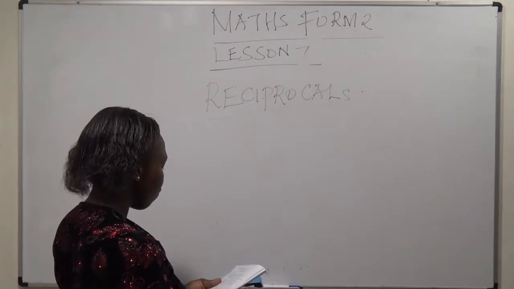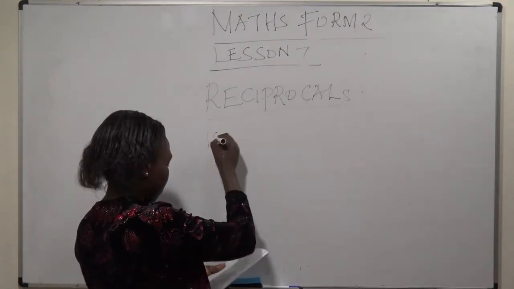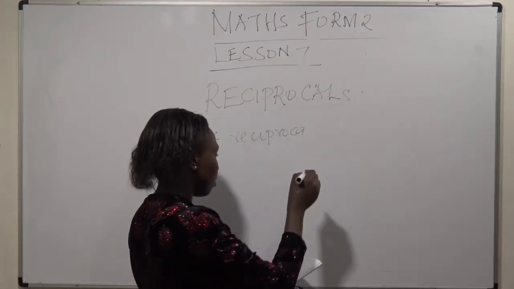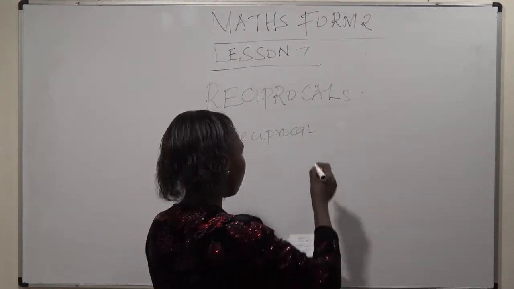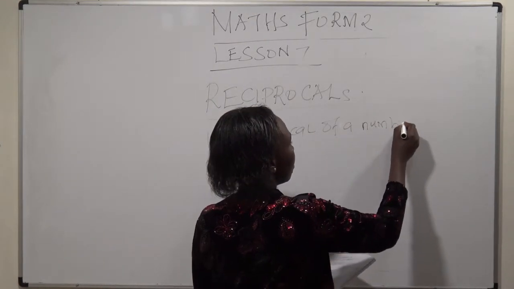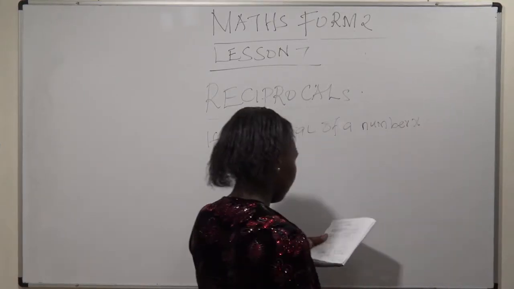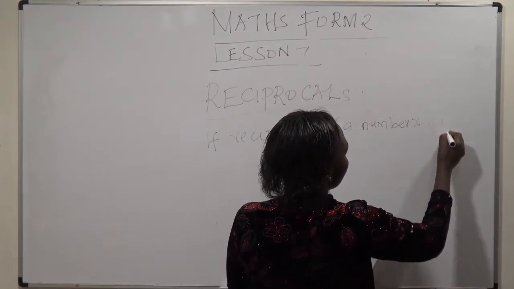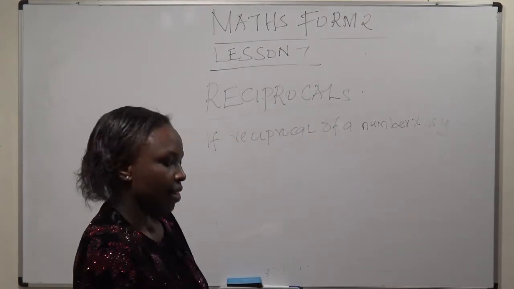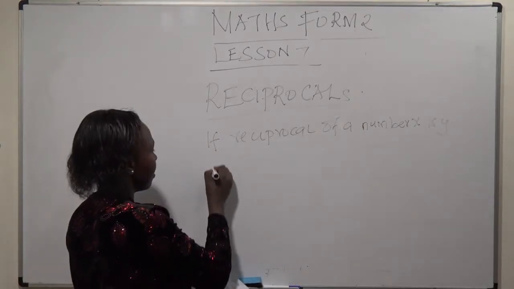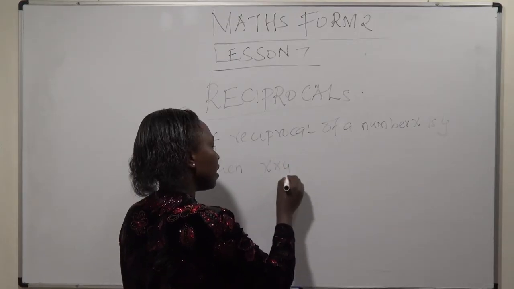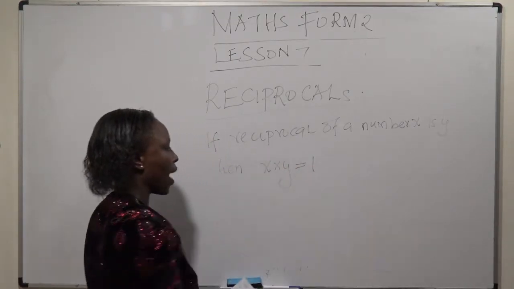That is, if the reciprocal of a number x is y, then x multiplied by y is supposed to be equal to 1.